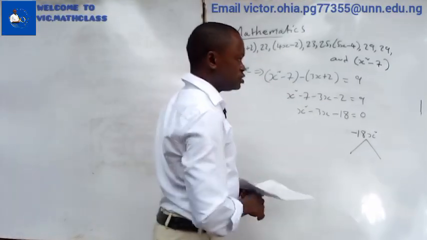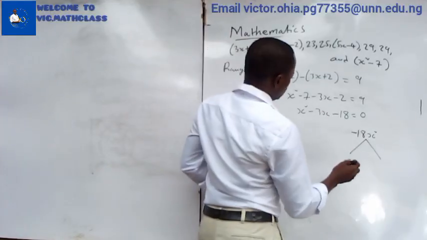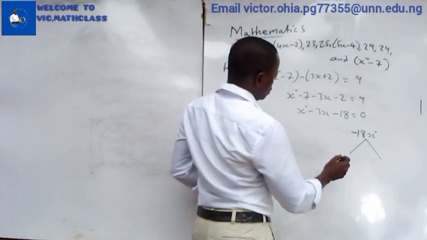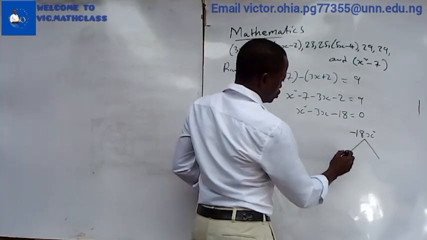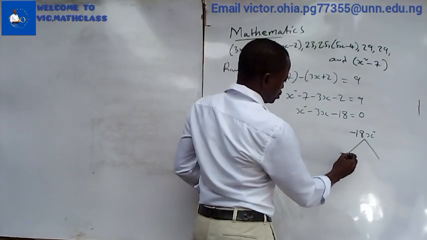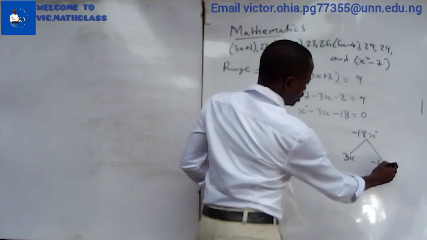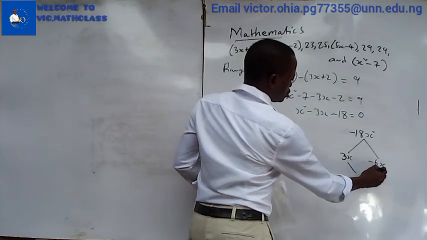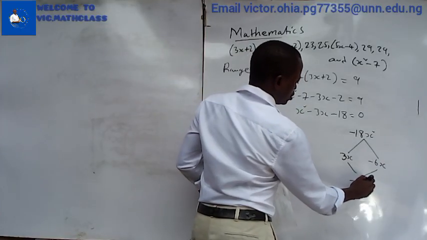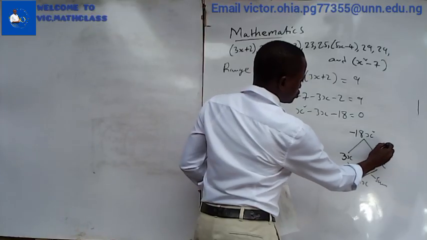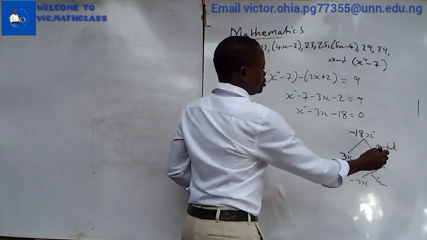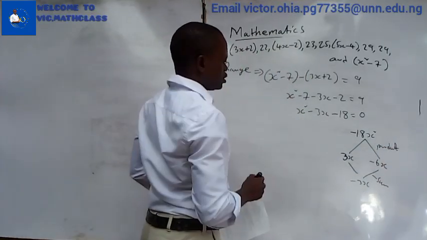And the way of arranging it to give us -3 will be that the bigger one will carry the negative sign. So I will have 3x, then -6x. The sum of this will give me -3x. This is by sum, and this is by product. It's just a brief way of explaining factorization.